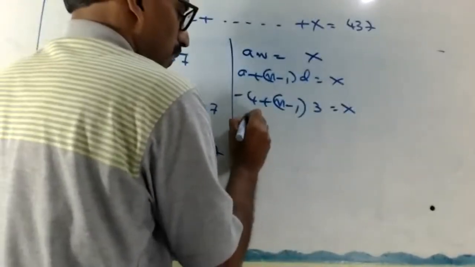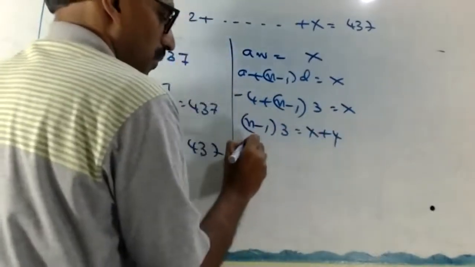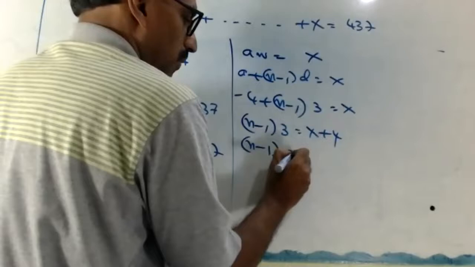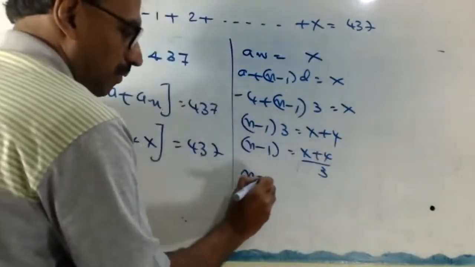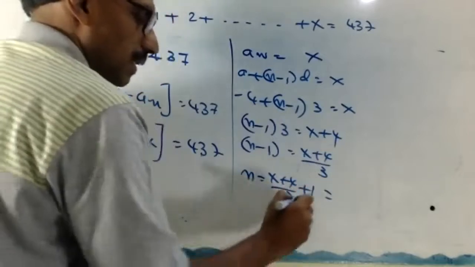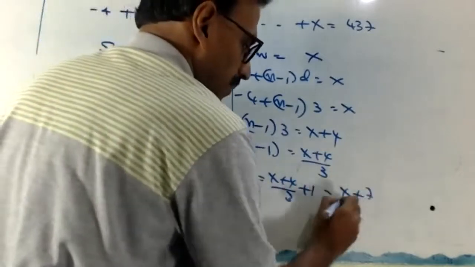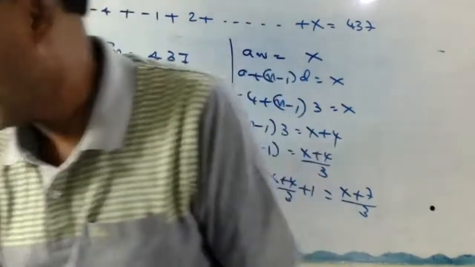N minus 1 into 3 equal to x plus 4. So n minus 1 equal to (x plus 4) by 3. N equal to (x plus 4) by 3 plus 1, that is (x plus 7) by 3. You got n now. Check the note.